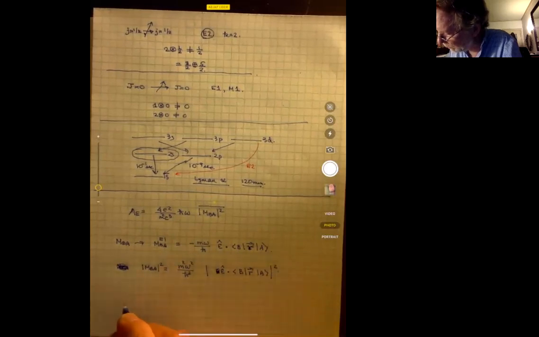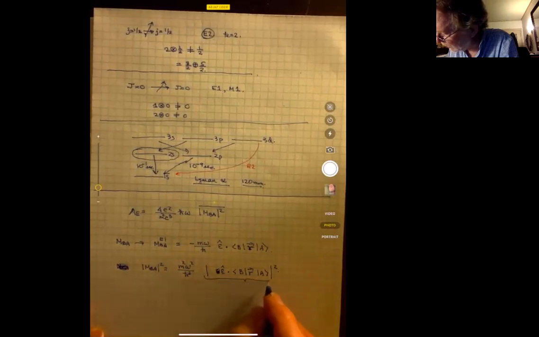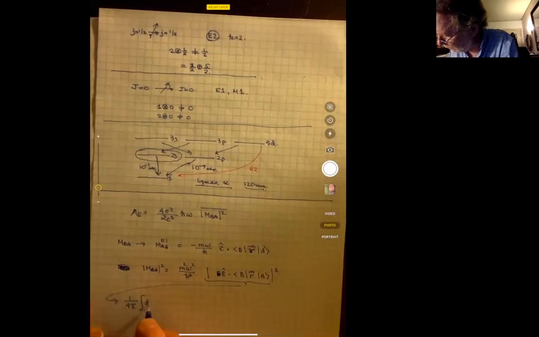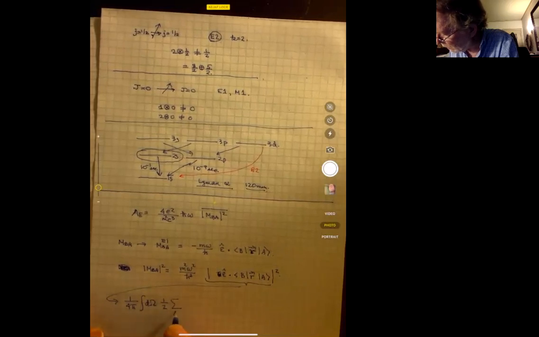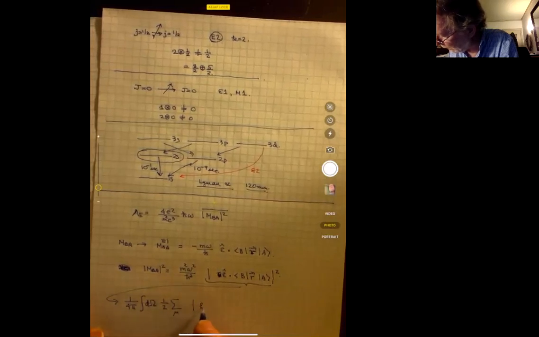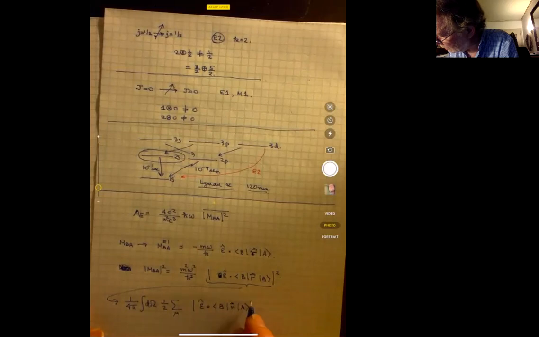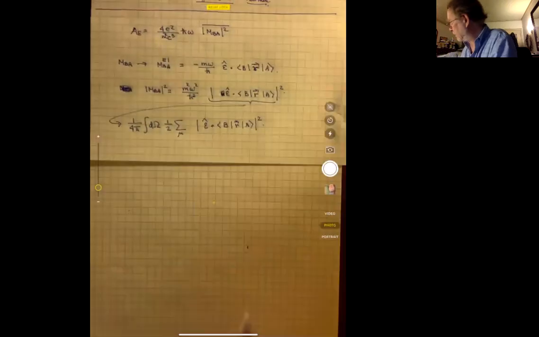And then in order to compute the average, we want to replace this by 1 over 4 pi integral over solid angles, 1/2 the sum over polarizations of epsilon hat dotted into B R A squared. All right, that's what we'd like to evaluate. All right, put this away.